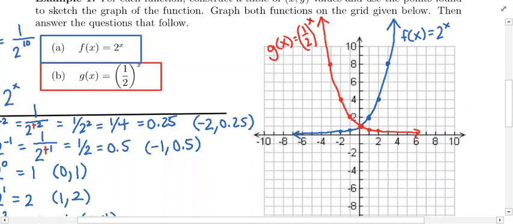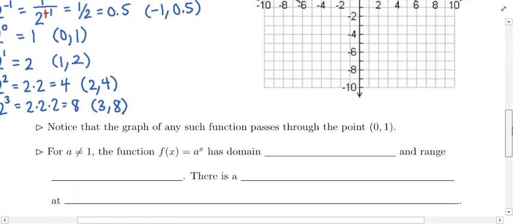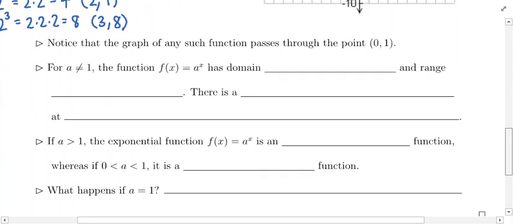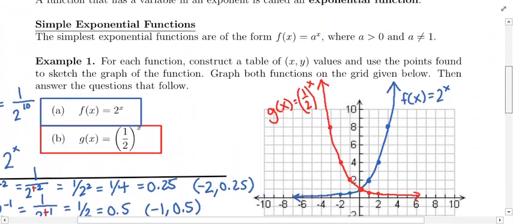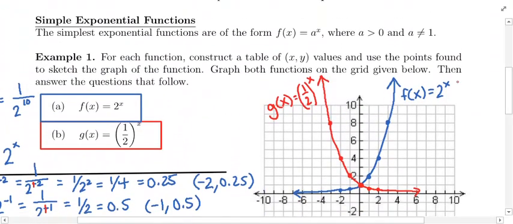Okay, both of these are simple exponential functions. The x, the variable, is in the power. Okay, and the base is just a simple number. Okay, so now that we have the graphs here, we're going to answer some questions or fill in some information about these graphs below, and I will do that in the next video.